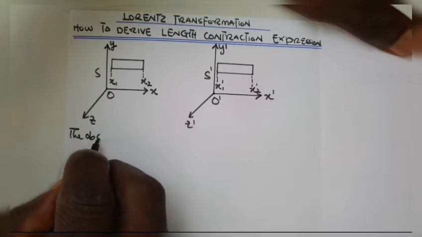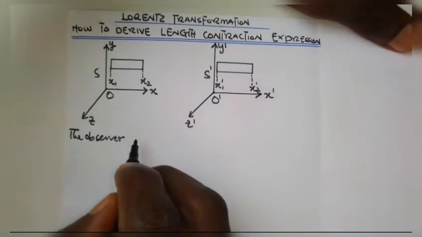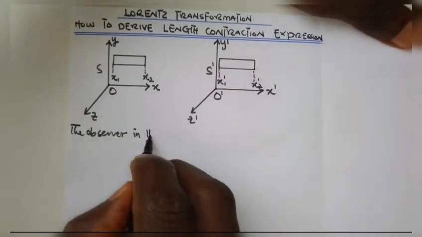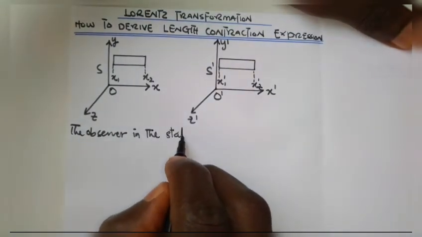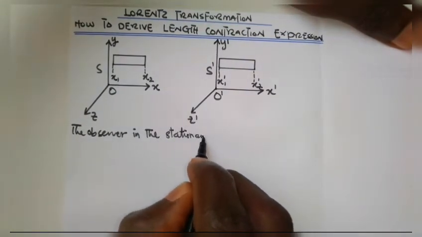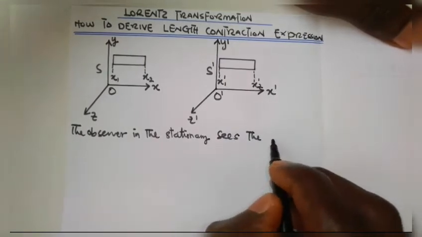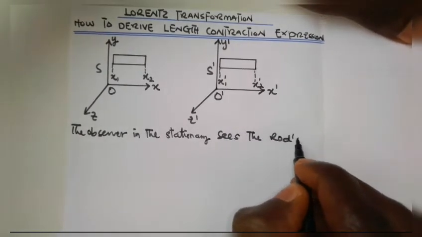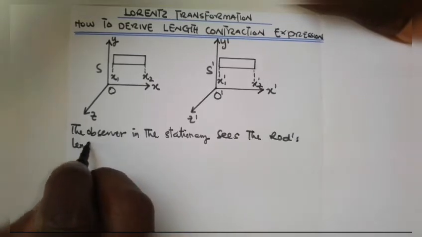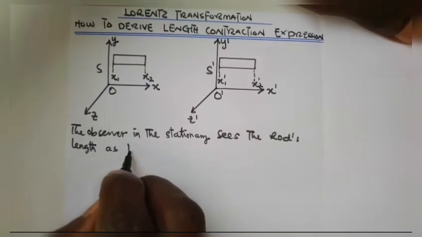So, the observer in the stationary frame sees the rod's length as L0.